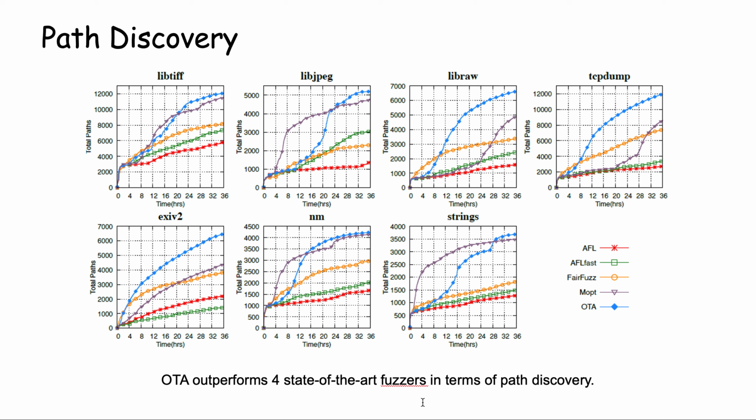In terms of path discovery, we run OTA and baseline fuzzers on 7 real-world programs. The figure on the slide shows the experiment results. The blue line represents our fuzzer OTA, and the others represent the baseline fuzzers. As we can see, OTA outperforms the other fuzzers.